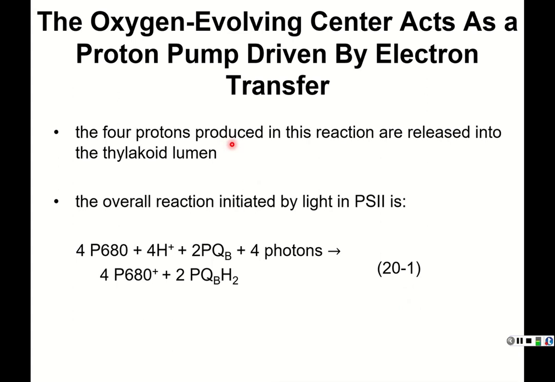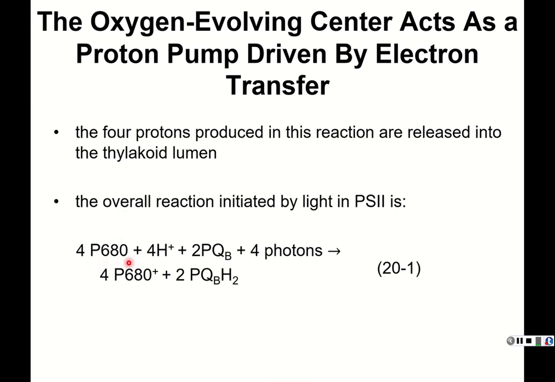So this oxygen evolving center is acting as a proton pump driven by electron transfer. The 4 protons produced in this reaction are released into the thylakoid lumen. We saw that the cytochrome b6f complex is pumping protons, and this oxygen evolving center is also acting to pump protons.